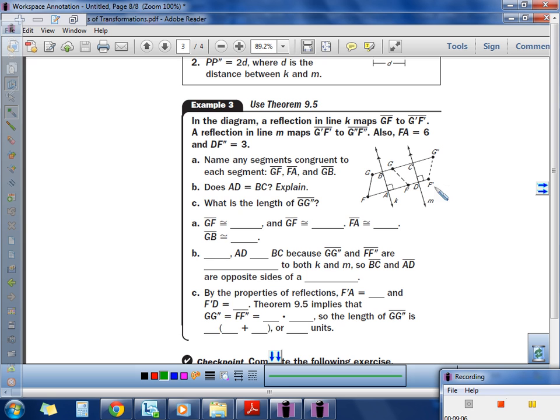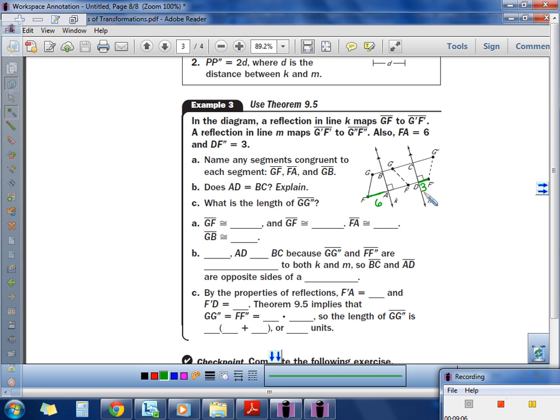And it gives us some measurements. It tells us FA is 6. So let's find that real quick. Regular F to A, that's right here, is 6. It also mentions that DF double prime is 3. So let's find that. D to F double prime, that's right here, is 3.